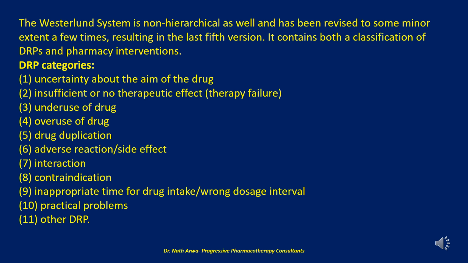Underuse of drug. 4. Overuse of drug. 5. Drug duplication. 6. Adverse reaction or side effect. 7. Interaction. 8. Contraindication. 9. Inappropriate time for drug intake or wrong dosage interval. 10. Practical problems. And 11. Other drug-related problem.